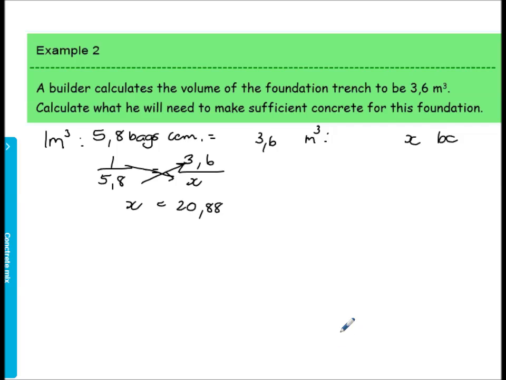Go and check what you were asked to find, X. So X equals the bags of cement. So we have 20,88 bags of cement. But remember, we can't get a fraction of a bag. So for this concrete, he's going to have to use 21 bags of cement.